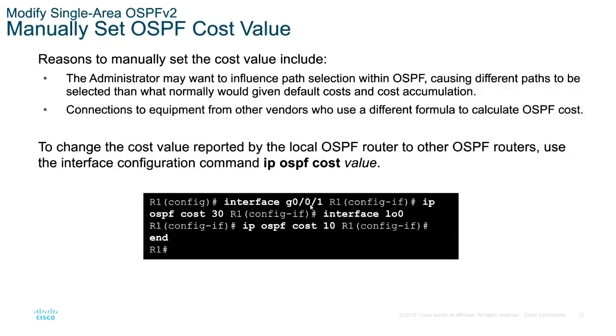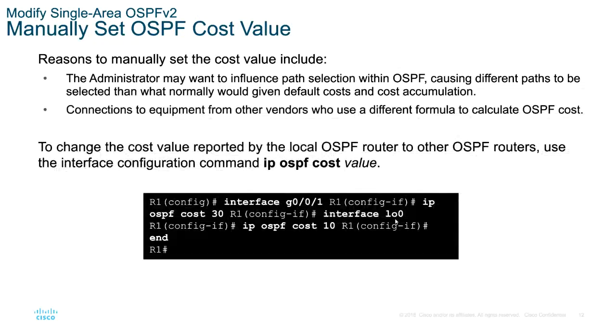So we go to the interface, we type in IP OSPF cost, and we're changing the cost to 30. So when we have routes received on G001, they will now have 30 added to the cost for determining the route.